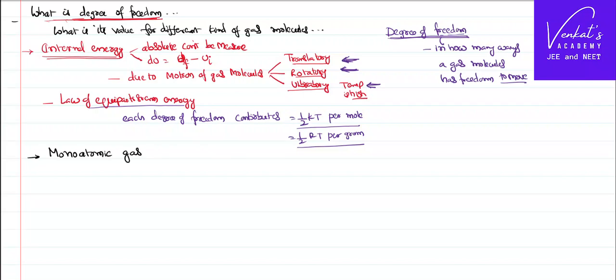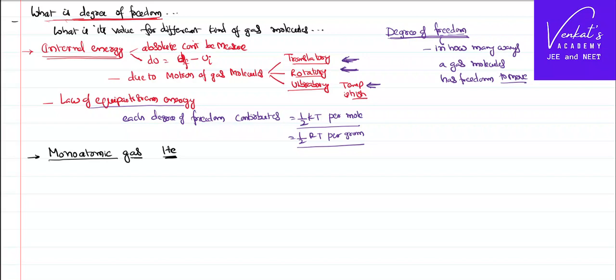What is a monoatomic gas? A gas having only one atom per molecule, like helium. Hydrogen is H2. Helium always comes in only one atom format, whereas hydrogen comes like H2, that's called diatomic, like nitrogen, which comes like N2.